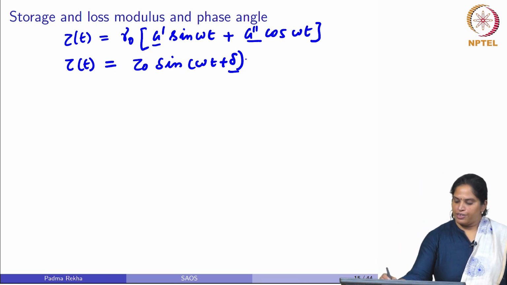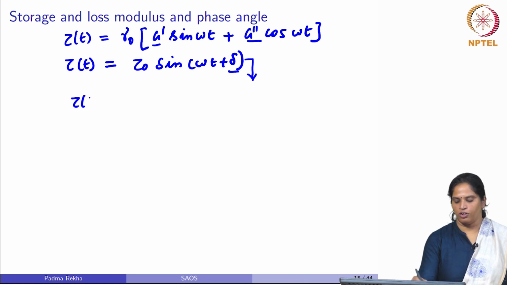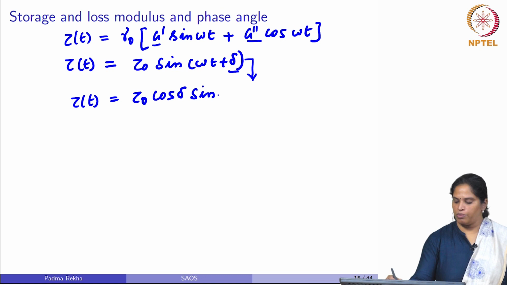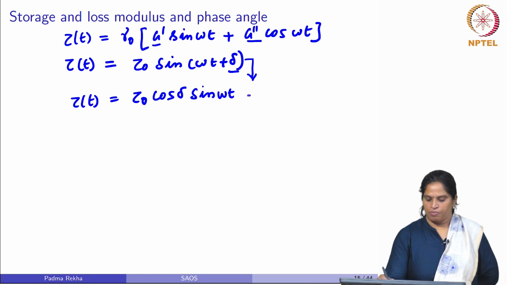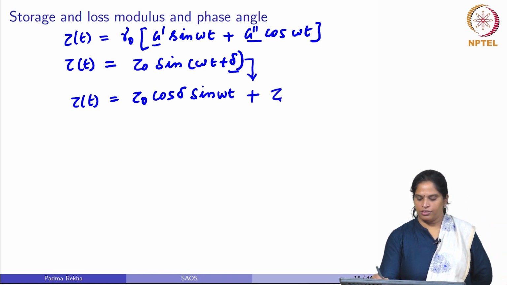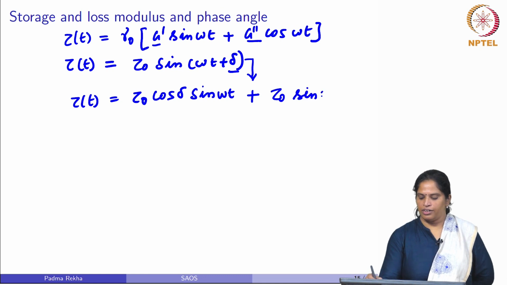So you can expand this function. When you expand this, we get tau of t equal to tau naught cos delta sin omega t plus tau naught sin delta cos omega t.